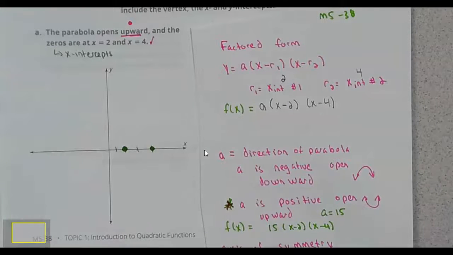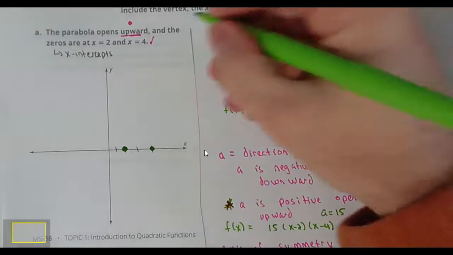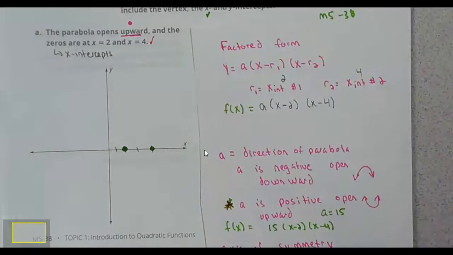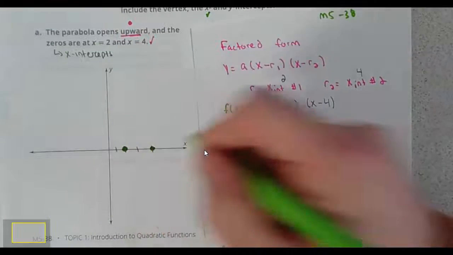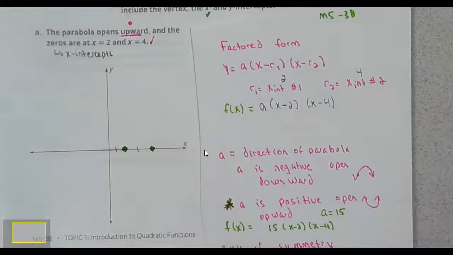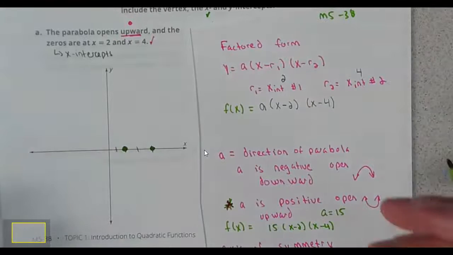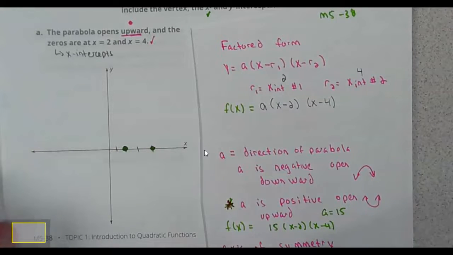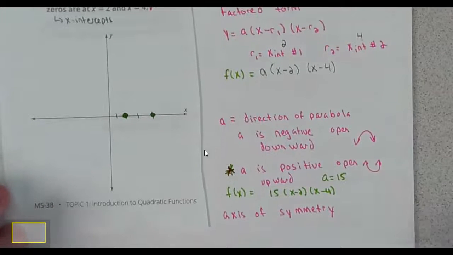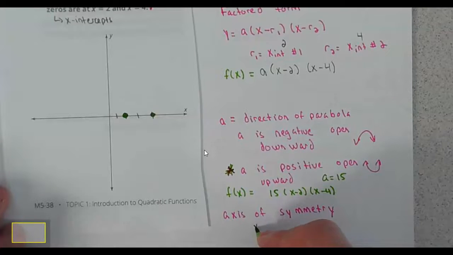Okay, alright. So I've identified my x-intercepts: x-intercept, x-intercept. I have to find my vertex and my y-intercept. If you guys remember, we've talked about the idea that the axis of symmetry is in the middle of two points. We have two points on my graph, an x value of 2 and an x value of 4.